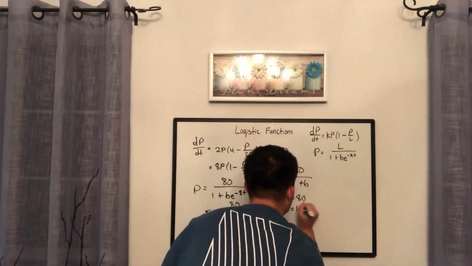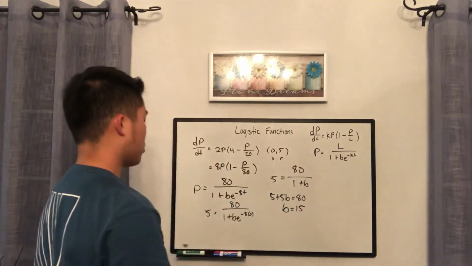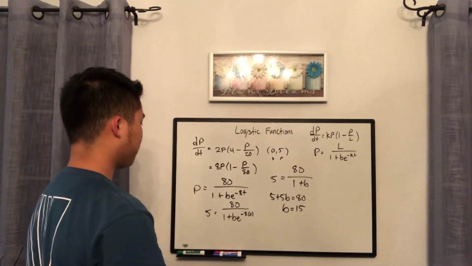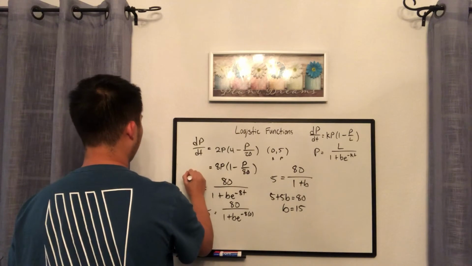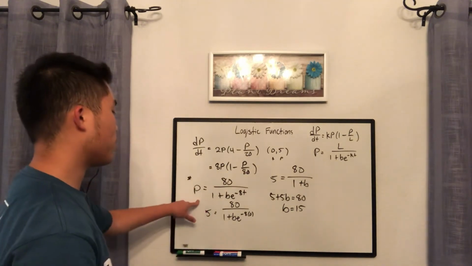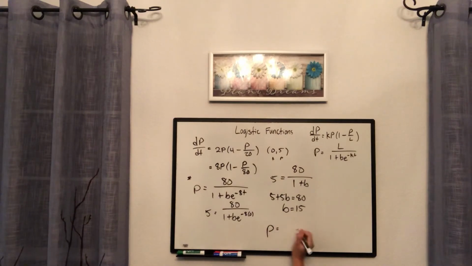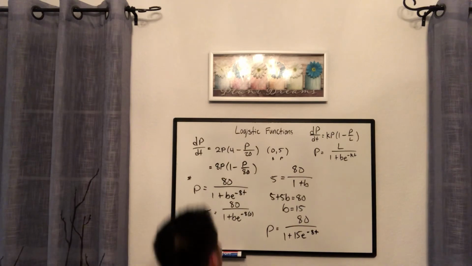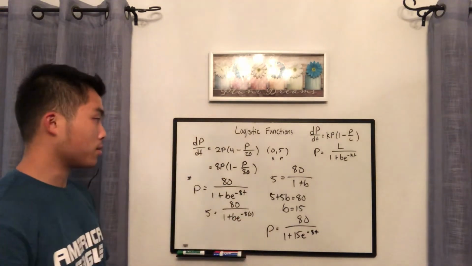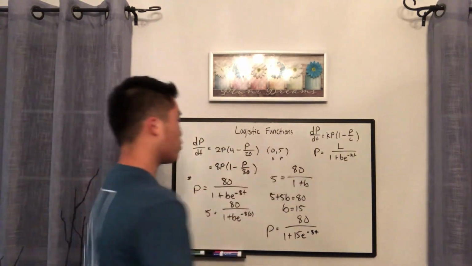Now we're plugging it back into the equation that we made earlier. So we got P equals 80 over 1 plus 15e to the negative 8t. This will be your solution to your differential equation.